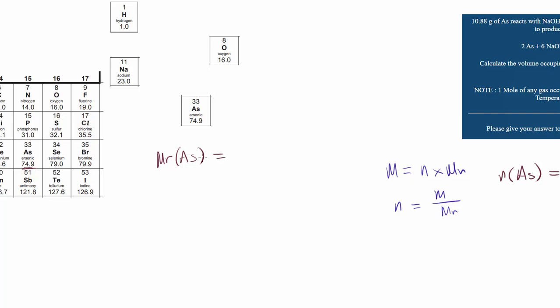We don't really need to use a calculator. It's just going to be the relative atomic mass, 74.9, and if you wanted to write a number there, you could write times 1, but it's the same thing. So 74.9 grams per mole, right? So that's the unit for molar mass.